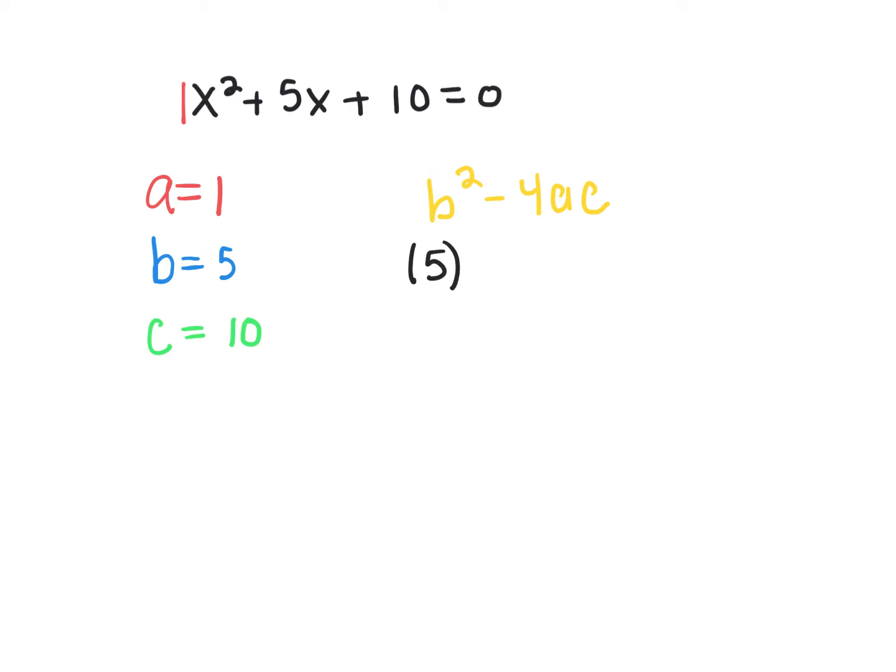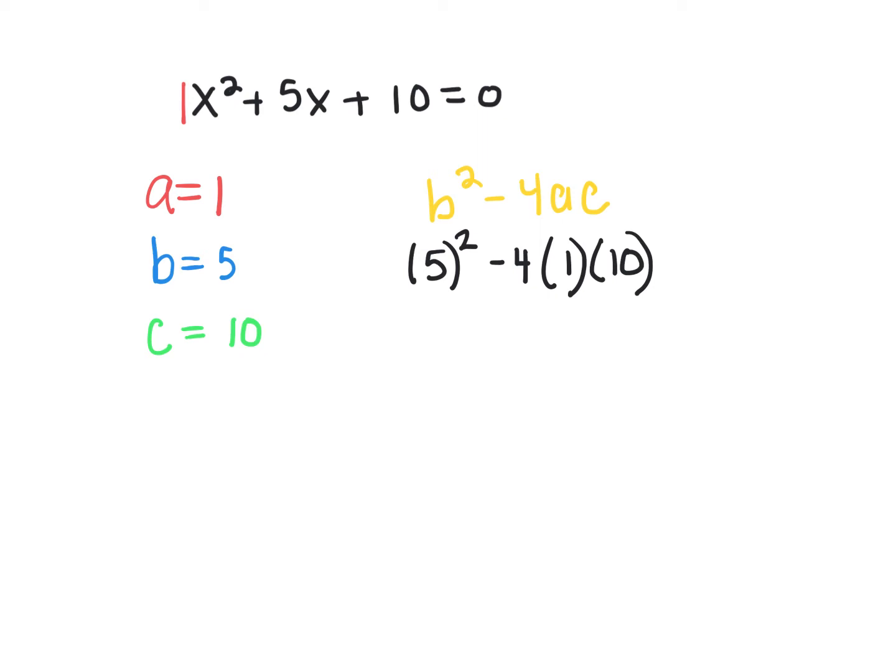So 5 squared minus 4 times a times c. Okay, and then from there, it is up to you whether we want to do this with mental math or plug it into the calculator.